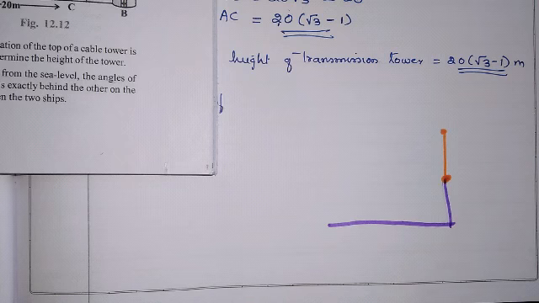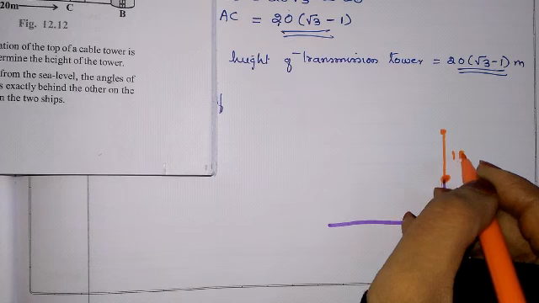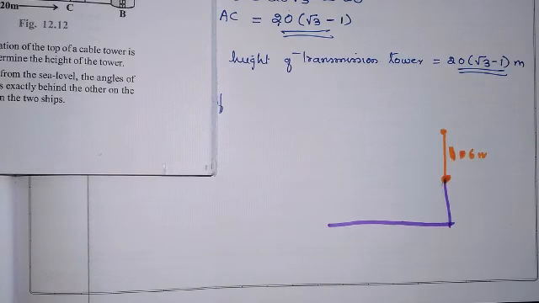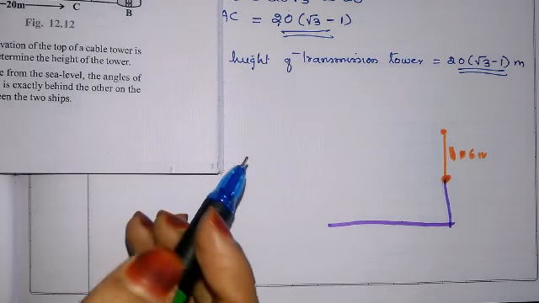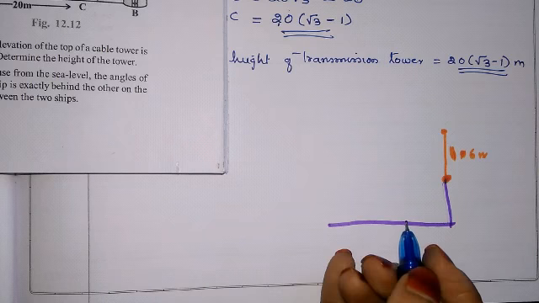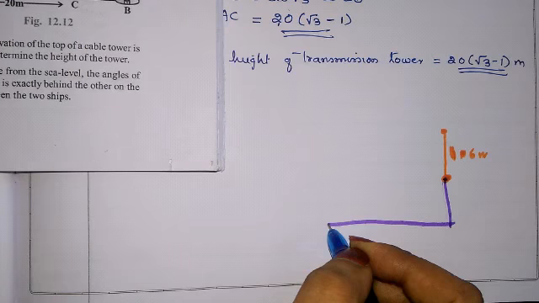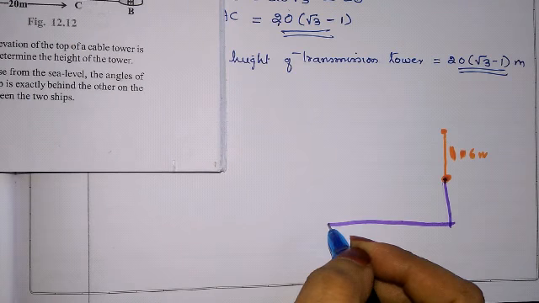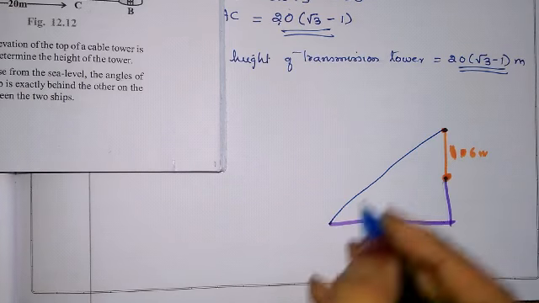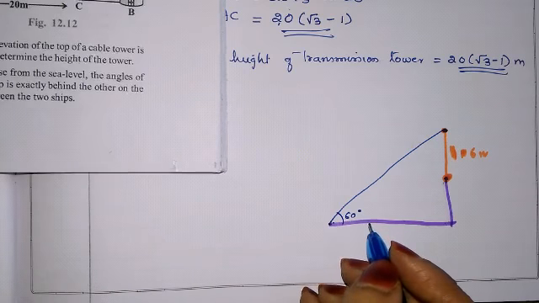Now what they have told: the statue is 1.6 meter. From a point on the ground, the angle of elevation of the top of the statue is 60 degree.